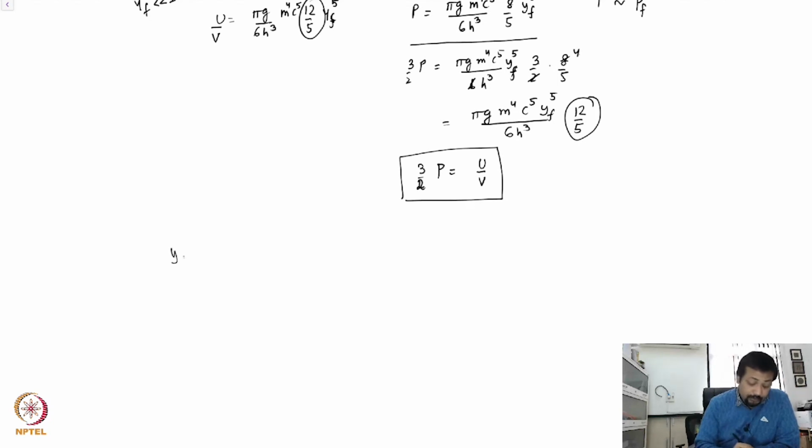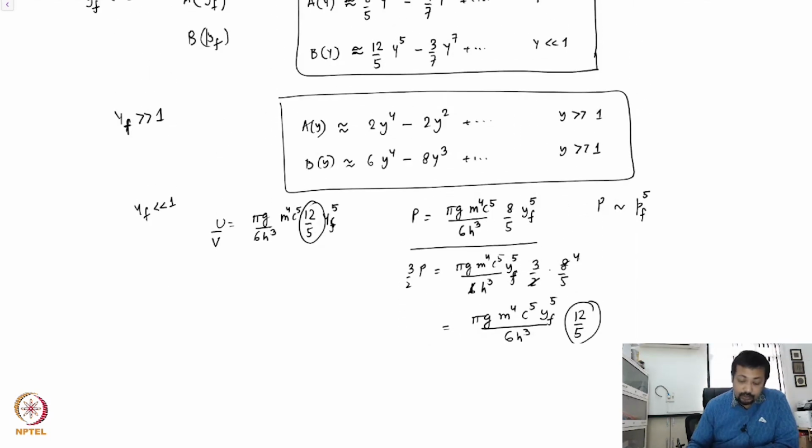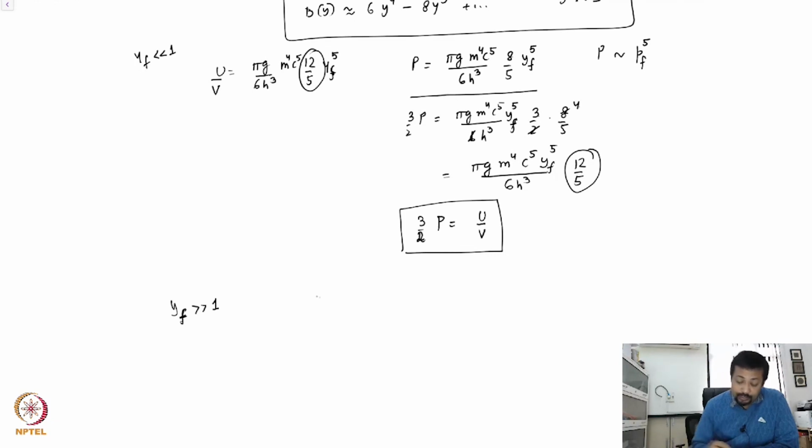Now in the opposite limit of y_F much larger than 1, let's look at A(y). A(y)'s leading term is 2y to the power 4, and therefore U over V is going to be pi g m^4 c^5 over 6h cube times 2 y_F raised to the power 4, and the pressure is going to be pi g m^4 c^5 over 6h cube times 6 y_F raised to the power 4.